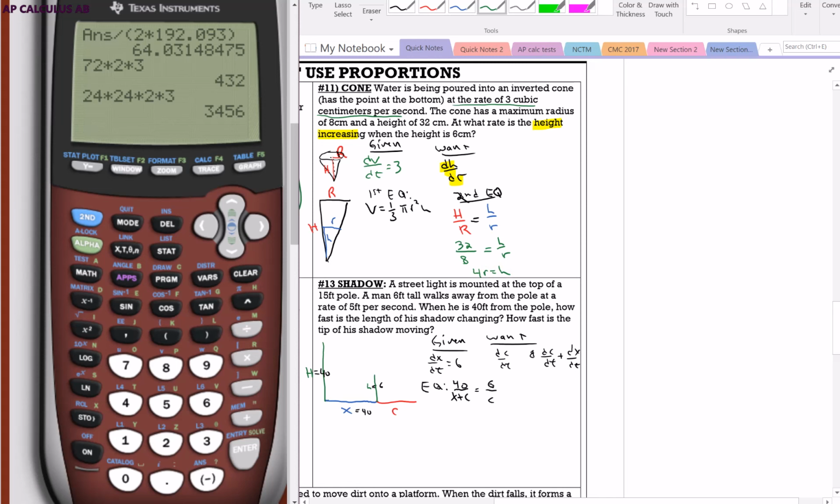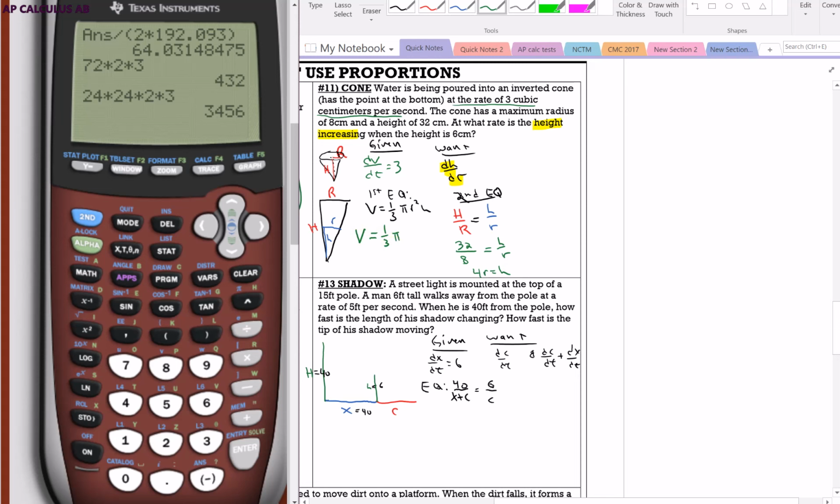Now, because I want dH dt, that means I want my volume equation in terms of h. I only want h's there. Unlike the other problem where I wanted dr dt and I had r's only, in this problem I want dH dt, so I need to simplify my volume equation so it only has h's, right? So we're going to write volume equals 1/3 pi.